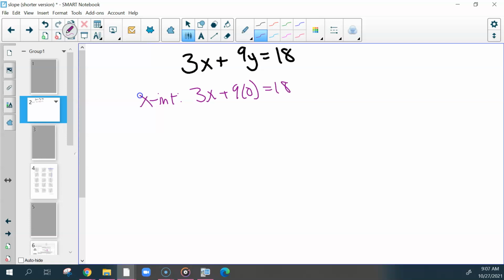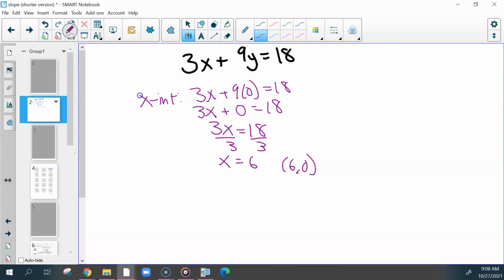And then we could solve for x. This would just become 0, which really means I'm just left with 3x equals 18. And I could divide both sides by 3 to get an answer of 6, 0.